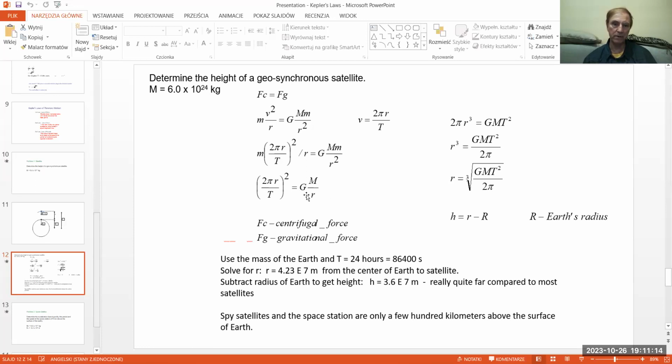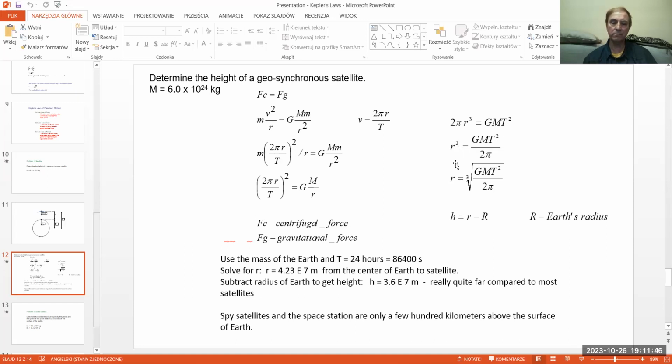Cancel out, and what remains is written over here. Okay. Now let's raise to the second power numerator and denominator and cross multiply. The resultant figure is given over here. Then divide by 2 pi both sides. We have this form then.